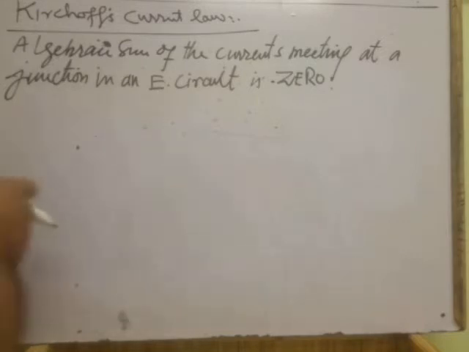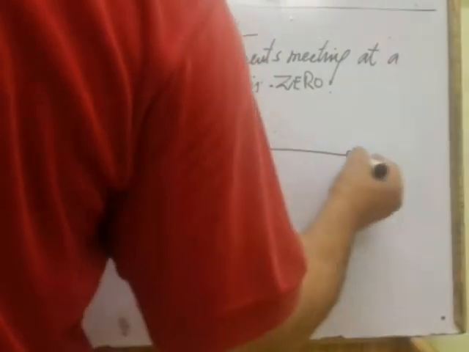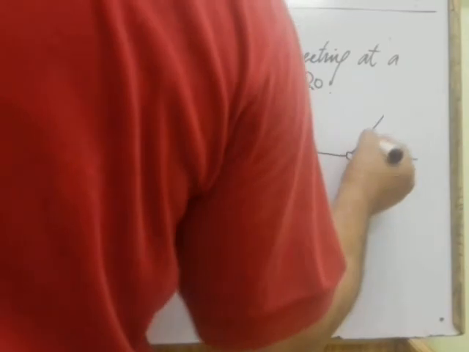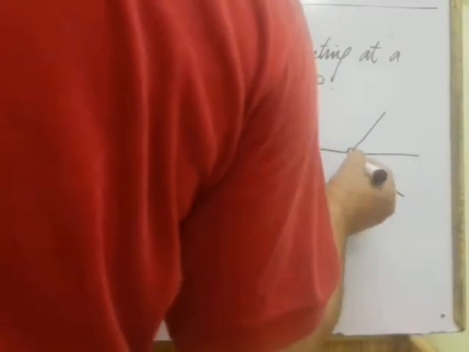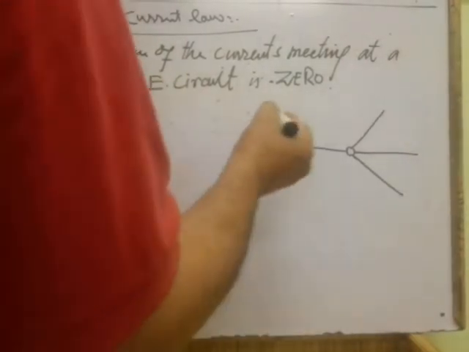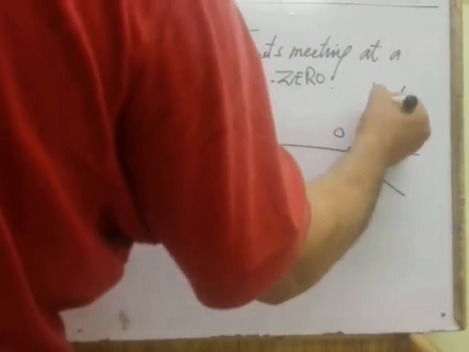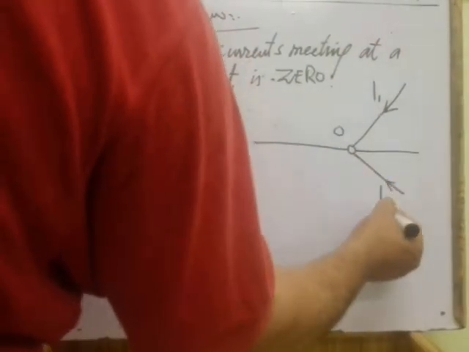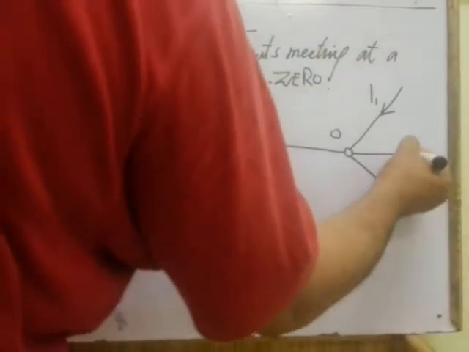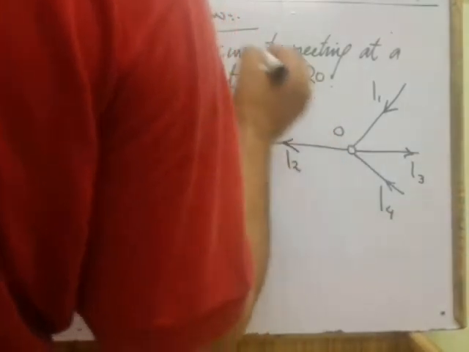To explain this concept, let us have a diagram like this. This is a junction, and the lines which I am drawing now are actually the conductors, the wires. For example, this is point O, current I1, this is I4, this is I3, and this is I2.